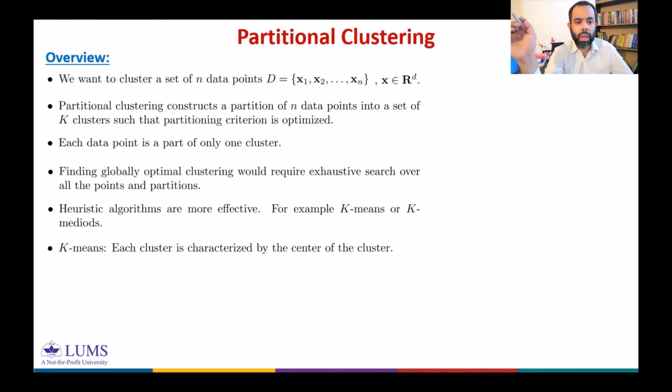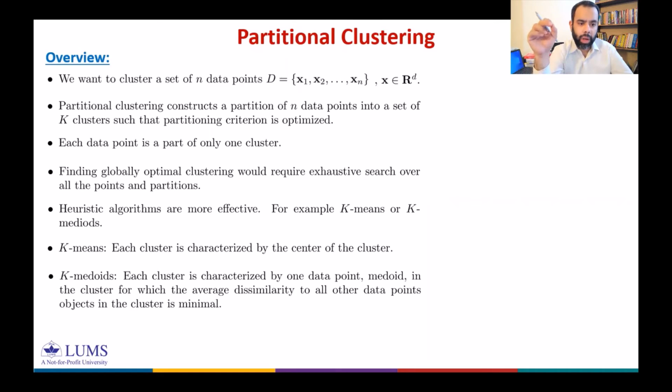So what is K-means? Each cluster is characterized by the center of the cluster, but the center of a cluster does not need to be a data point. Instead, in K-medoids, each cluster is characterized by one data point in the cluster, which we call the medoid, for which the average dissimilarity to all other data points in the cluster is minimal.